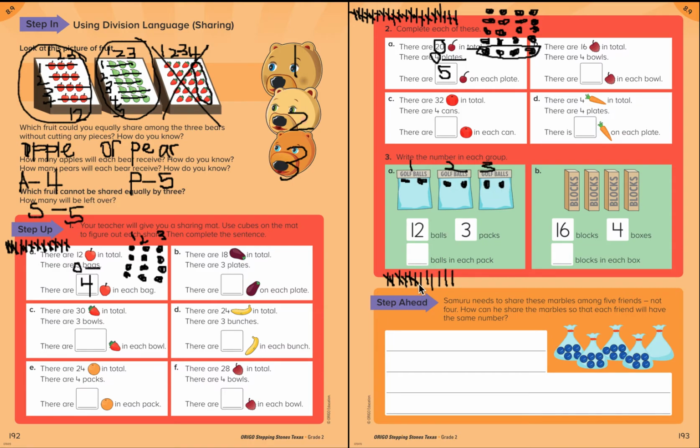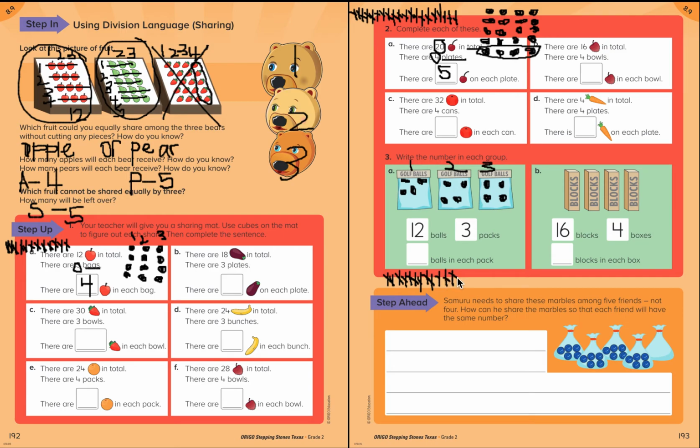I still have more left, so let me draw another one in each bag. 1, 2, 3. Now I have 3 left, so that will go evenly in each bag. So let me go ahead and draw 1, 2, 3. Now I can cross off the remaining 3.